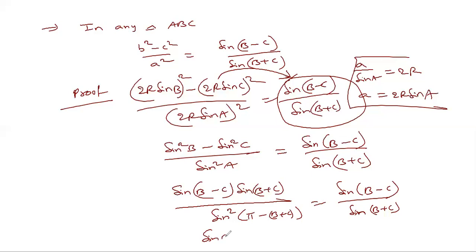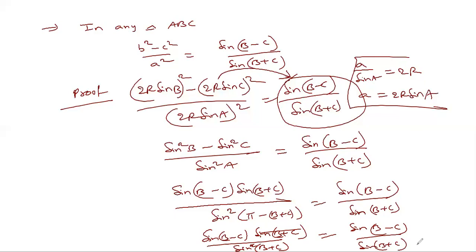So sin B minus C into sin B plus C divided by sin square 180 minus theta, it will be theta, so means B plus C. So one sin of B plus C gets cancelled with the numerator. So you can see that is equal to sin B minus C divided by sin of B plus C. Hence proved.